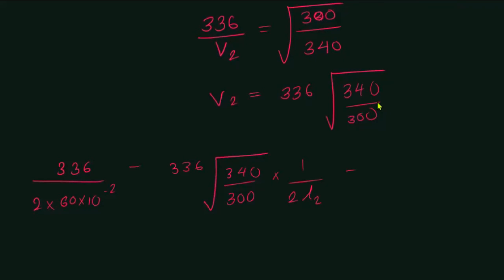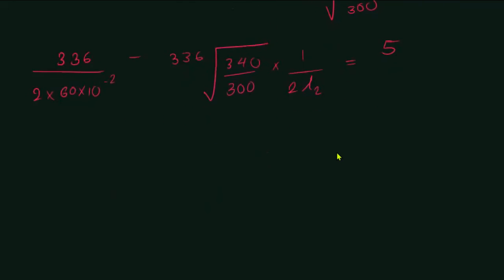This is what we are going to find. The beat frequency is 5. If we simplify this, we are going to get L2 as, I guess, 63.